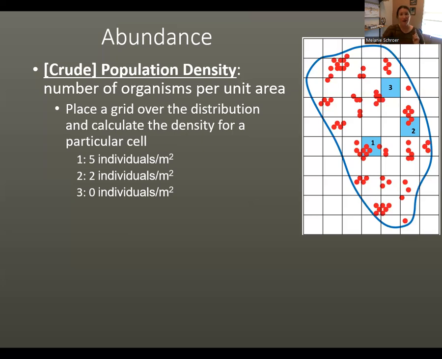However, only sampling 1 is not going to give you very accurate results, and so generally we sample in multiple places. And so we'll sample randomly another cell, and here we count 2 individuals. Sample again, we count no individuals within the cell. And so we have a density of 5, 2, or 0, depending on where in this distribution we sample.